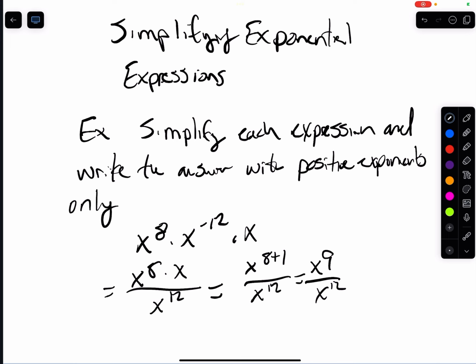And then we could go through and expand that and cancel it out, but we have the quotient rule, which says that we can just subtract those, which is x to the 9 minus 12, which is x to the negative 3, or 1 over x to the 3rd power, using the negative exponent rule once again.